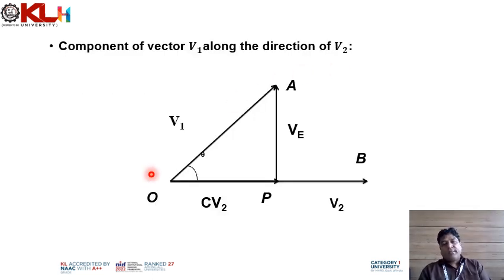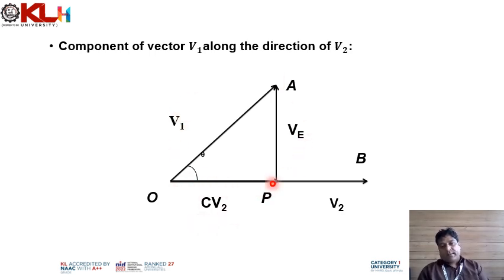Now let us look at this diagram. Here the vector v1 is given by the vector OA and the vector v2 is given by the vector OB. We draw a perpendicular from the point A to OB, which intersects at the point P. Now the component is this vector OP, which we write as C times V2.